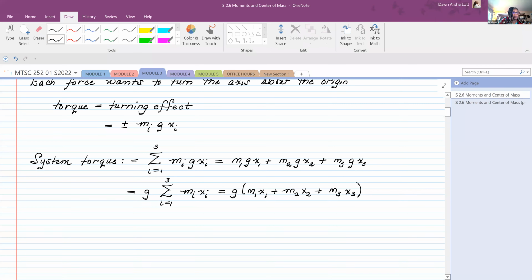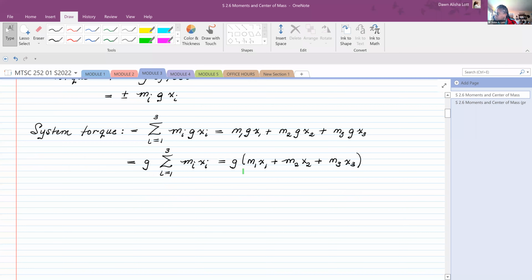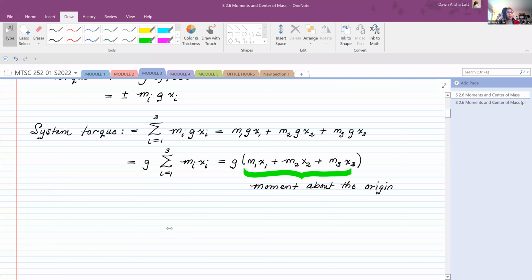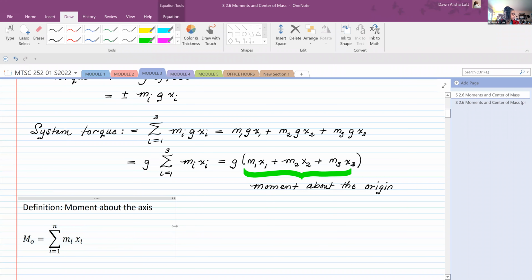Okay, so this part right here is the moment about the origin. Therefore, we can then define the moment about the axis, which for us is the origin.